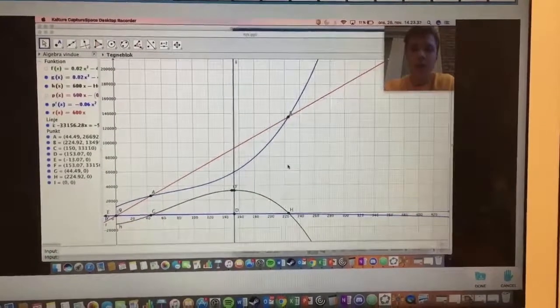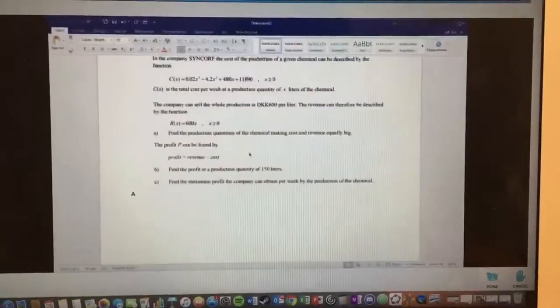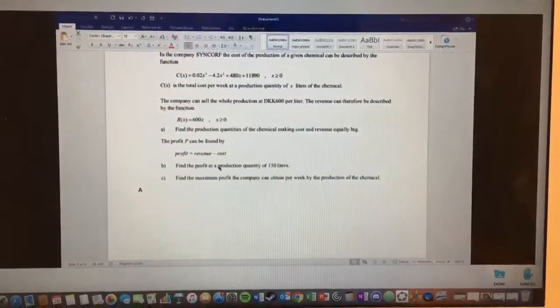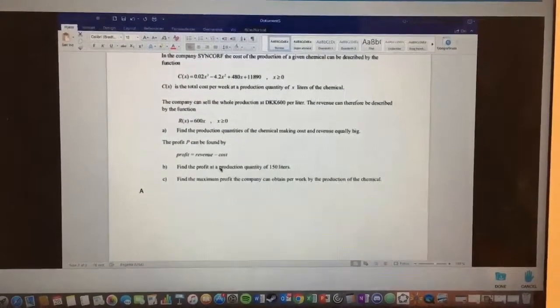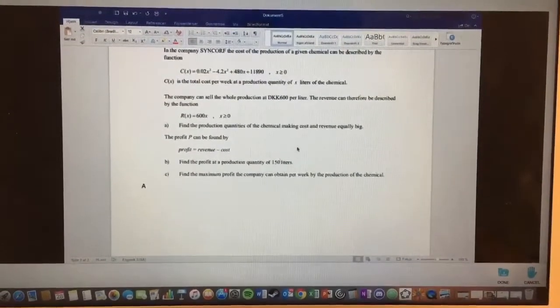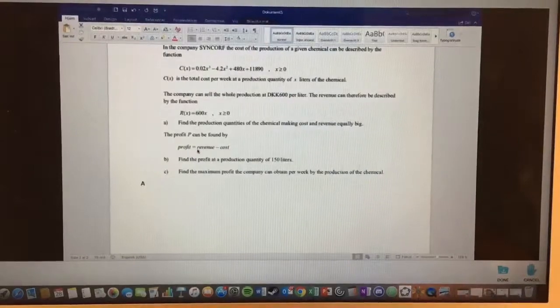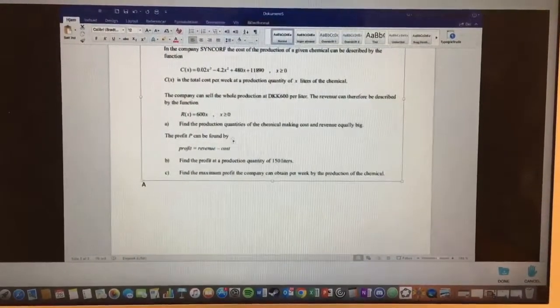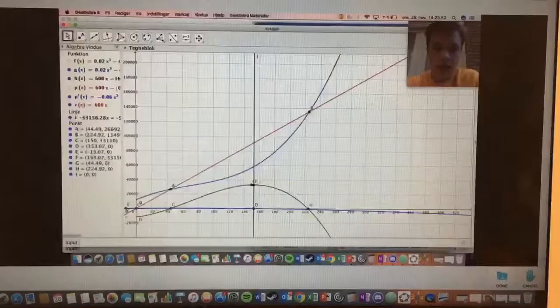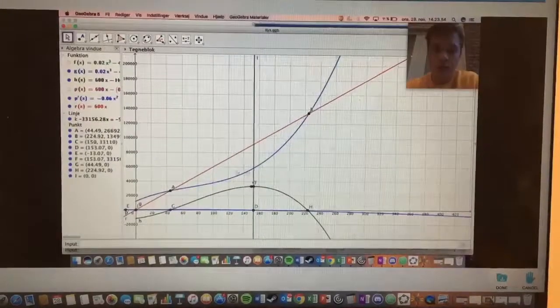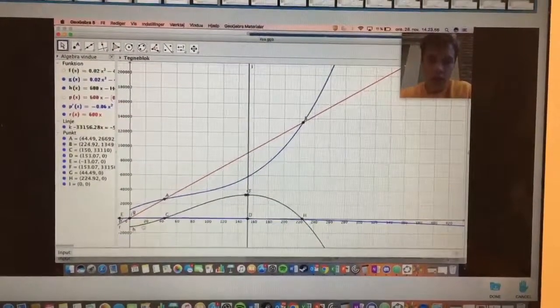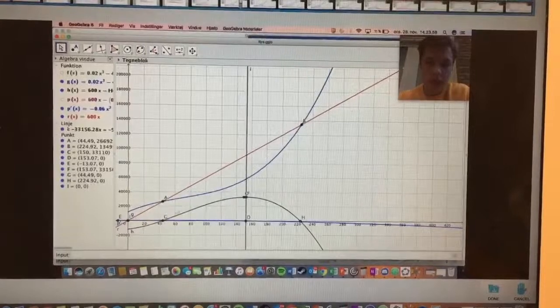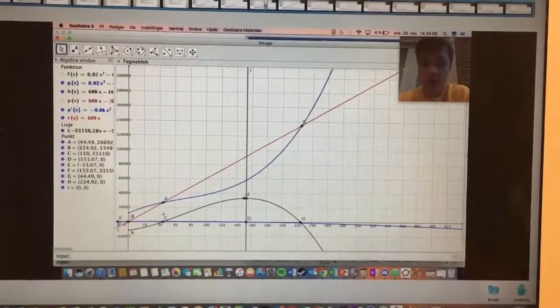I will now do task B, and in task B we need to find the profit at a production of 150 liters for this company. So we take the revenue minus the cost formulas here, and that is the line we got down here. So we need to find for 150 liters.